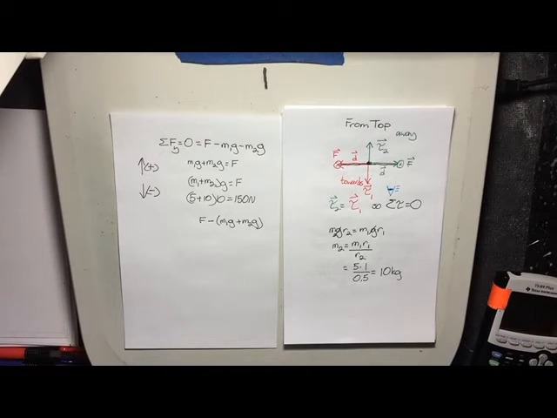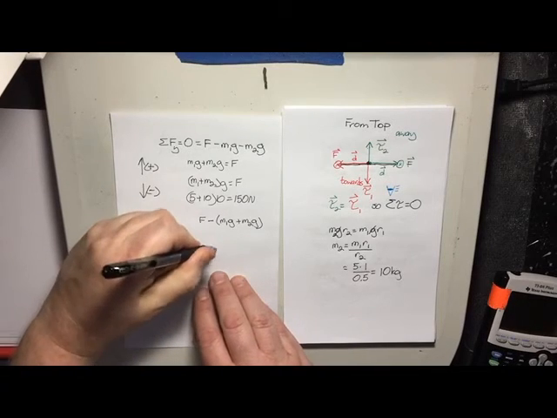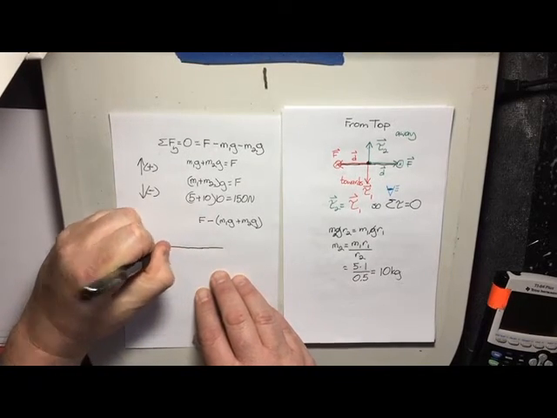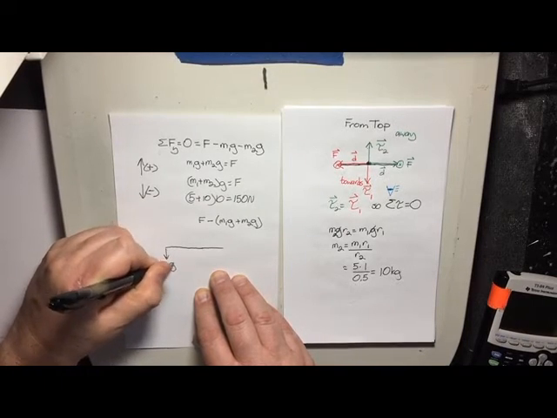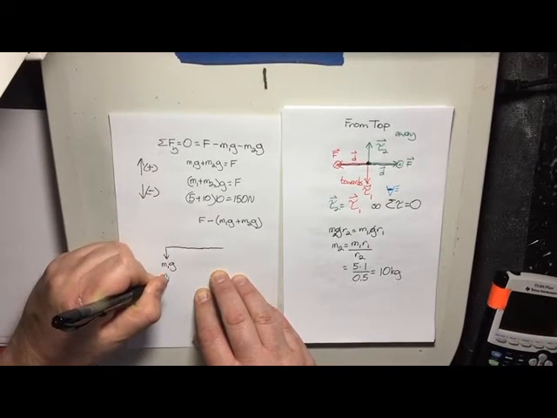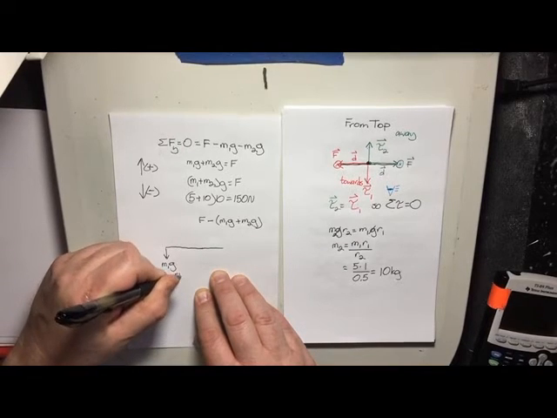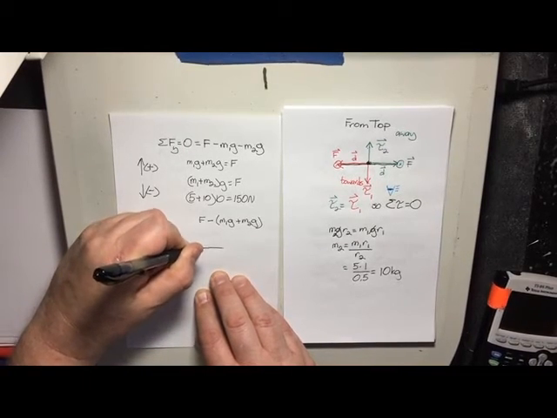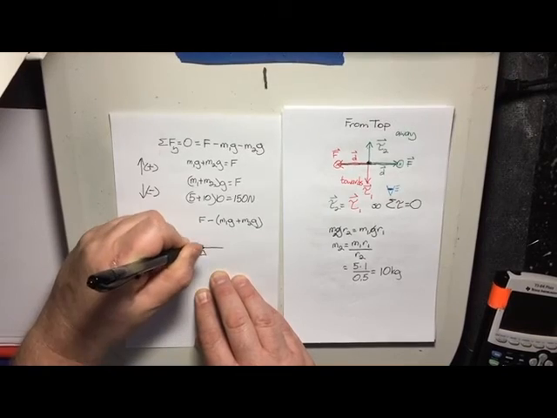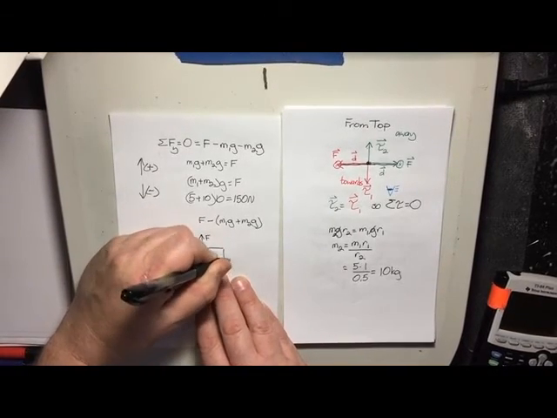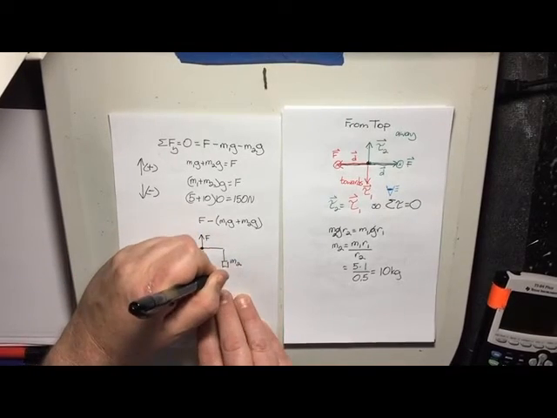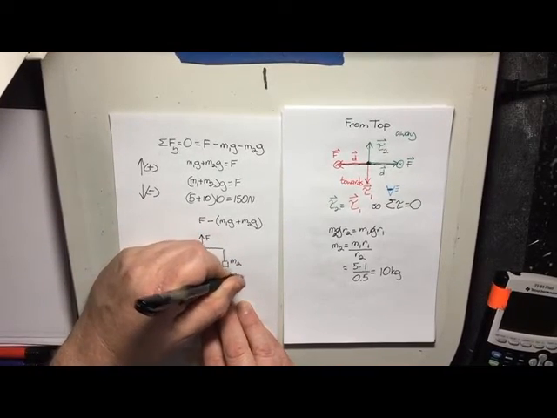Now, we've done the problem one way, let's do the problem another way. We still have M1G, and that M1 is equal to 5 kilograms. We have the fulcrum over here with a force, and then I have an unknown M2 pulling down with a force of M2G.